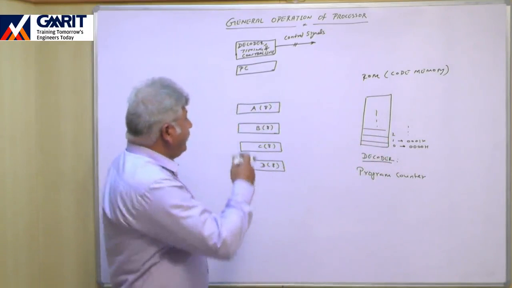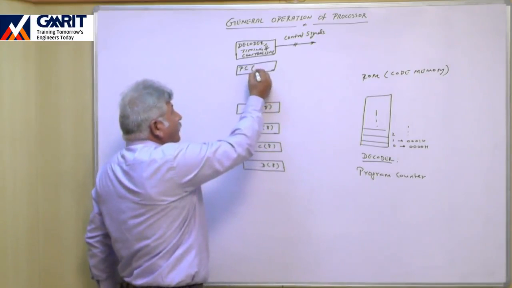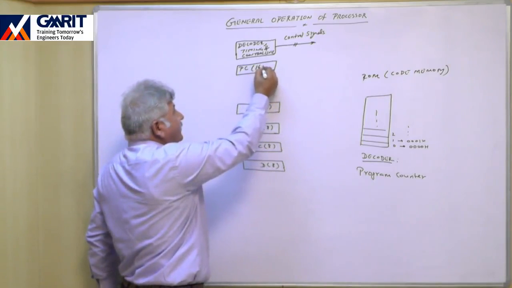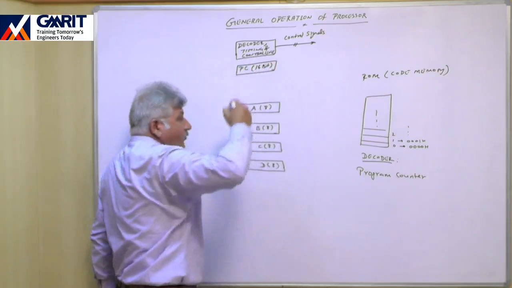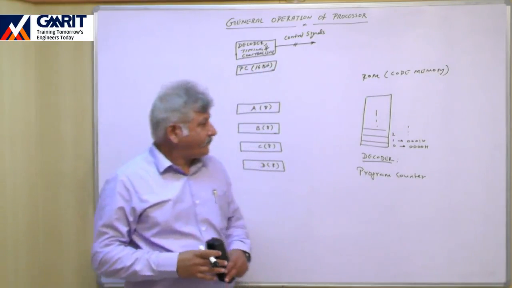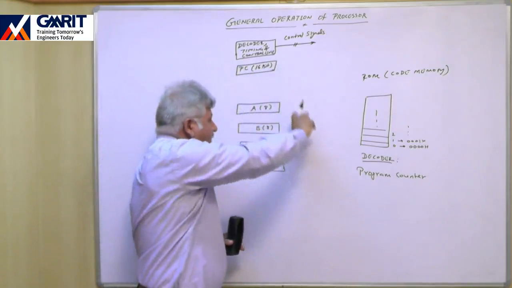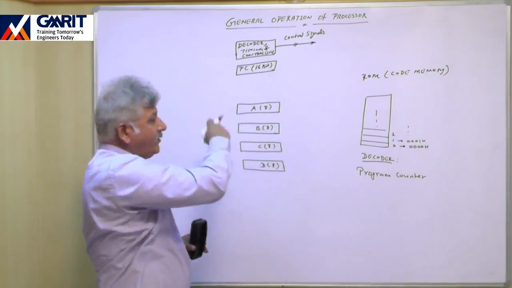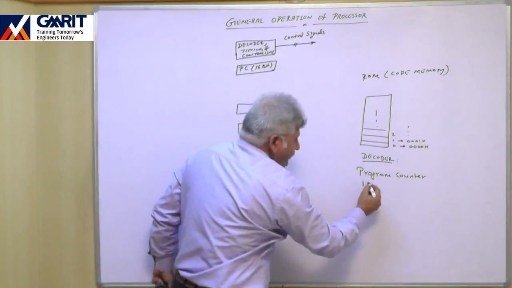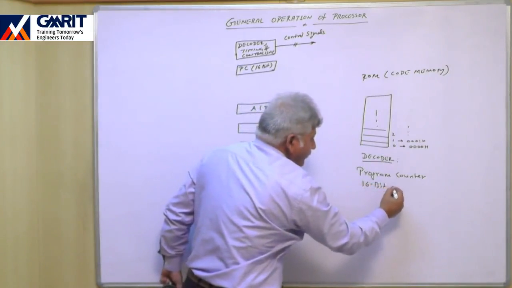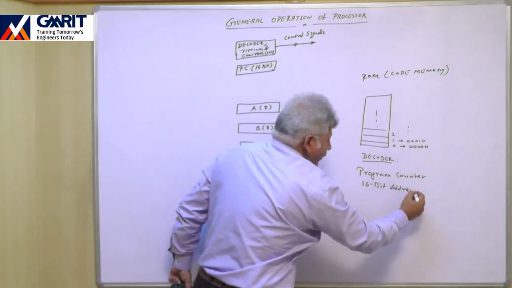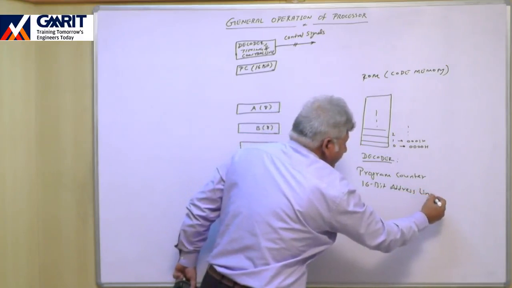Now let us assume this program counter is 16-bit. Why is it 16-bit? Because we have assumed that the processor we have taken has 16-bit address lines.